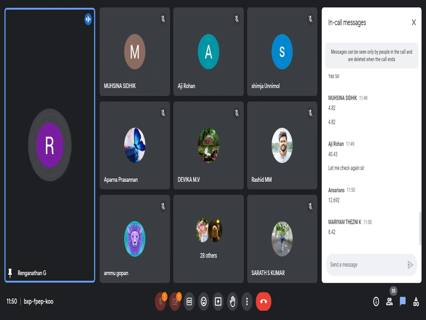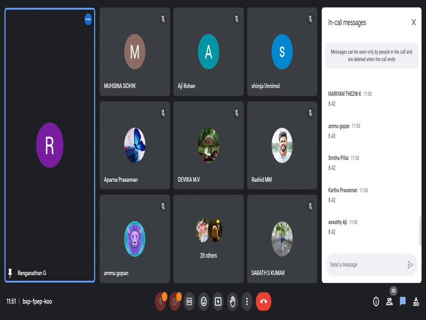8.42. Mariam says 8.42. I think that is the right answer. 8.42 or 43. Yes, that is the correct answer. When you rounded up that figure, 8.42 is the correct answer. I asked you x square value, 8.42. Okay, Kavya.